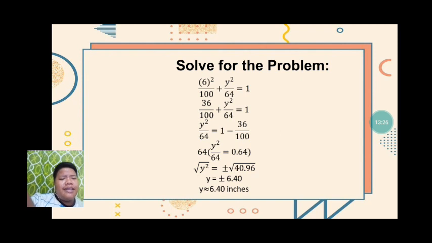So cancel the squared. What will remain is y only, and then is equal to the square root of positive or negative 40.96 is equal to positive or negative 6.4. So we will just choose the positive one. Y is equal to 6.40 inches.